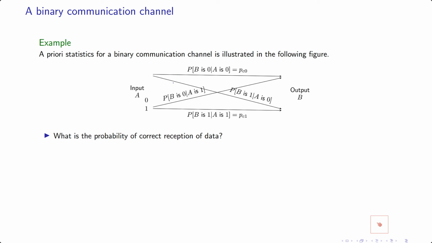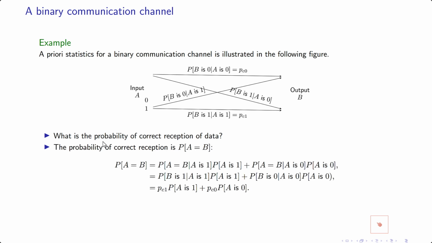So the question is, what is the probability of correct reception of data? Or what is the probability that A, the transmitted signal, is equal to the received signal? So I could say the probability of A given B, so I could put different conditions. So I make a partition. My partition is that I define A1 as the event that the transmitted signal A is 1, and A2 is that A is 0.